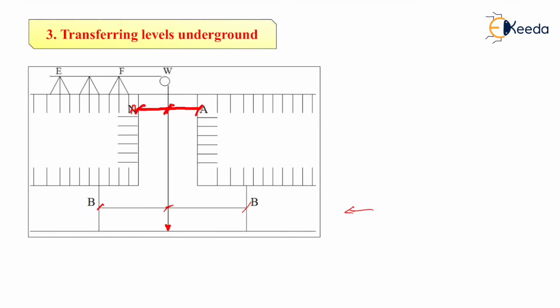Then take out the wire, spread it horizontally and measure the distance between the two marks. By knowing this, we can find out the height of your shaft as well as the level of the points or lines we have measured. So by using this method, we can transfer the levels underground. Whatever height we have to transfer, we can transfer by using this steel wire. Thank you.